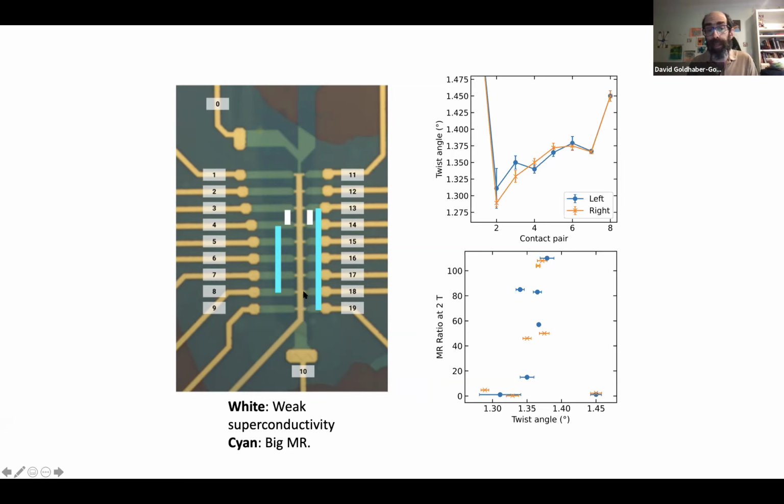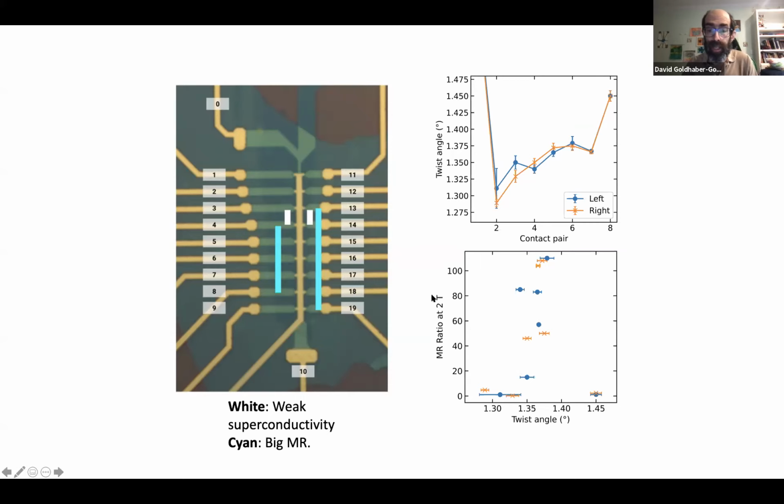That's really useful because it turns out the sample is not homogeneous, which is common in twisted bilayer graphene. We can extract electrically information about the twist angle, and you see that the twist angle is not constant but varies over the sample. Going through all but the very outer contact pairs, there's a variation of about 1/10 of a degree in twist angle.